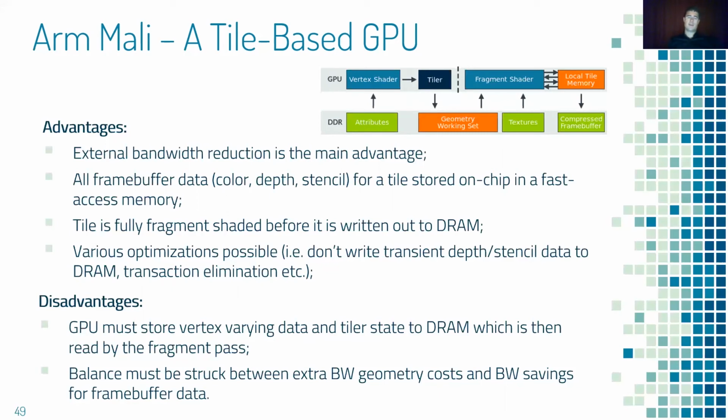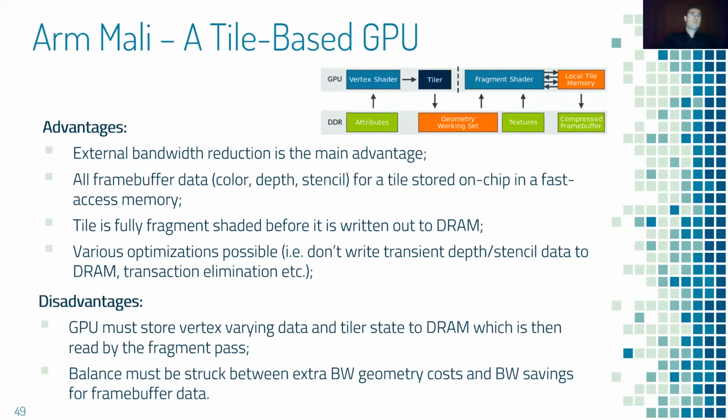However, it turns out that this approach works much better for embedded GPUs, because it allows us to design reasonably efficient GPUs that use way less power than the desktop GPUs.